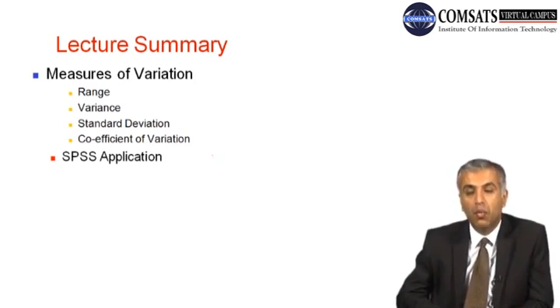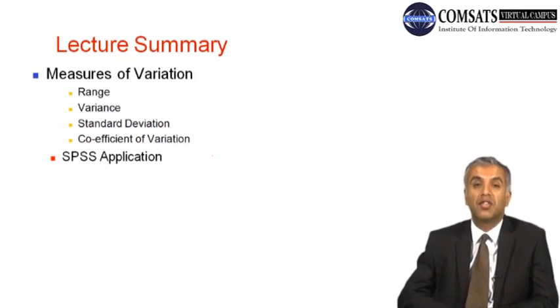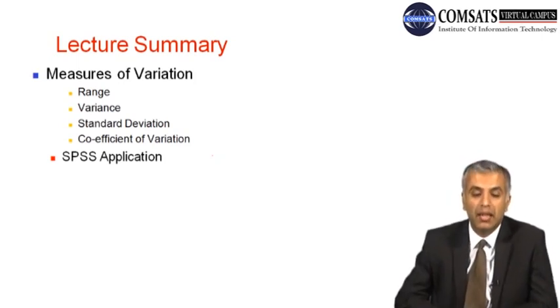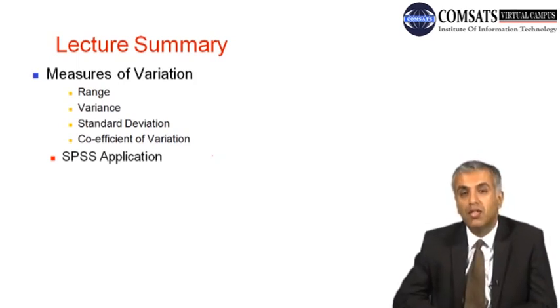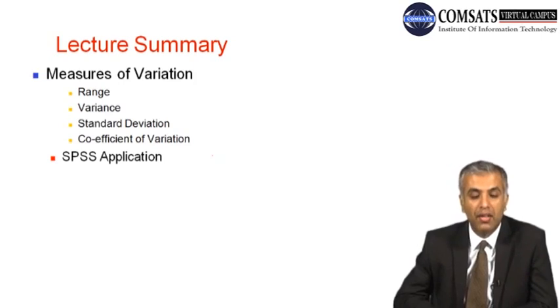Again, all these are very important measures. This is the second phase of trying to identify various characteristics of the data set. Among all these measures, one thing is common: the mean is taken as a reference while calculating nearly all of these measures of variation, with the exception of range, of course.